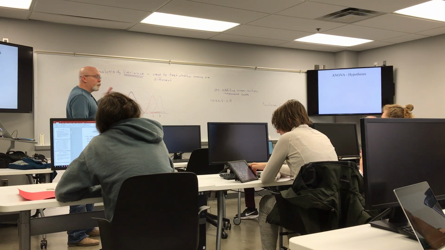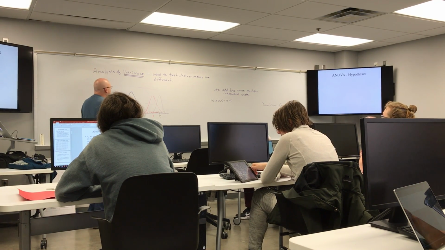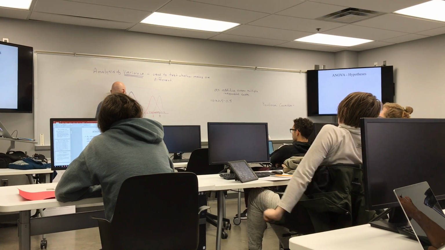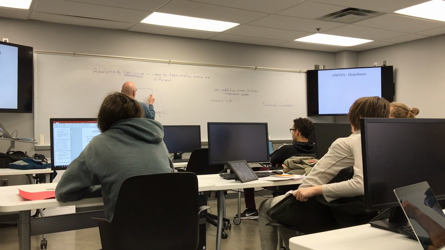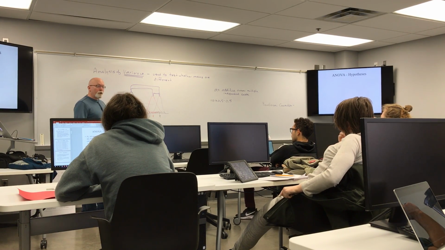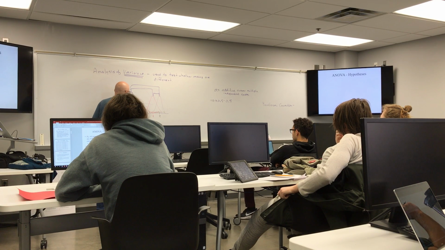When you do an analysis of variance, what you're interested in knowing is how much variation there is among the means versus how much variation there is within the means.